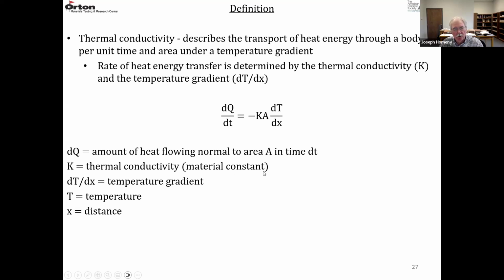K is considered a material constant, basically a constant over the temperature range that you measure the conductivity, and you have an average conductivity. But as we go through this lecture, we'll see that thermal conductivity is not constant. It's really a function of temperature. And then A is the area, T is temperature, and x is distance. So the heat flow equals K times A dT/dx.